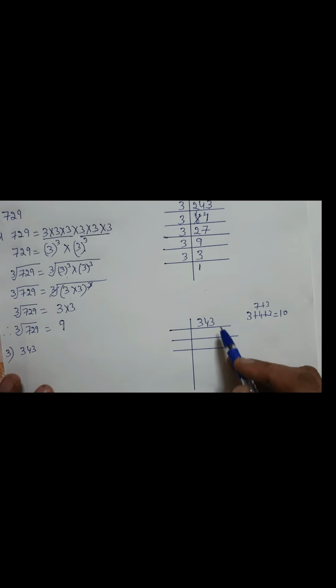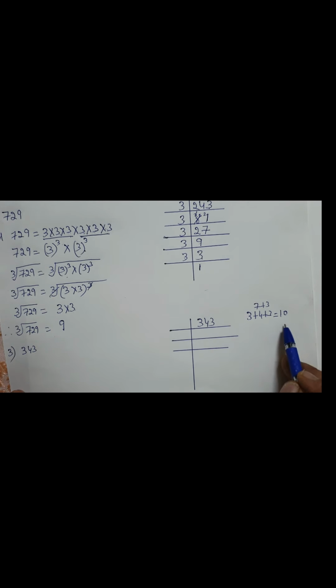So 3 is not going in 10, because in the 3 times table 10 is not there. So we will take 5. In the 5 times table 10 will come, but 3 is in the units place, and in the 5 times table 3 is not there in the units place. Only 5 and 0 come in the units place. So 3 won't go in the 5 times table.